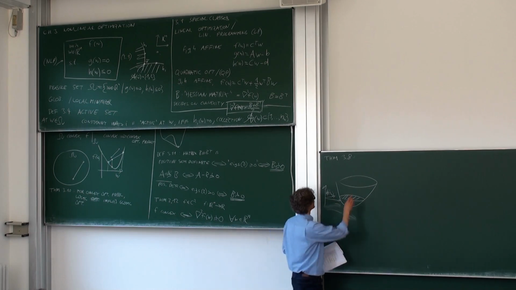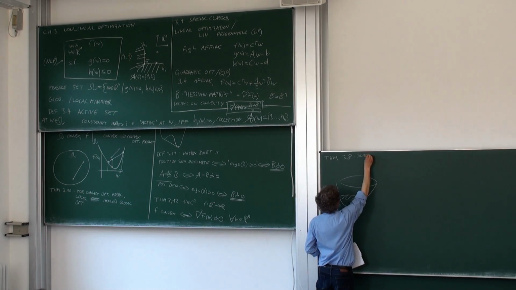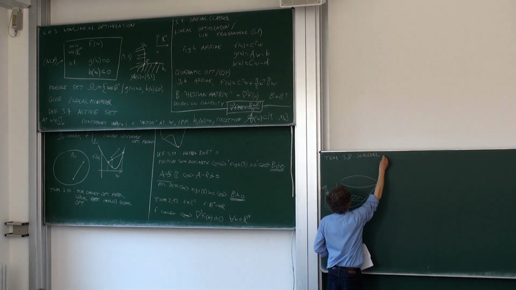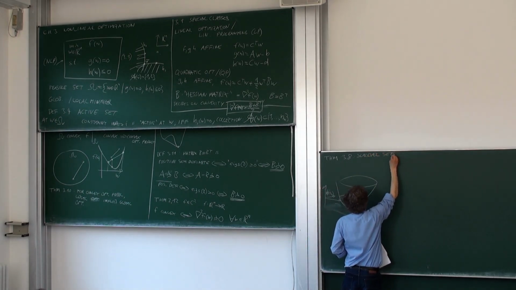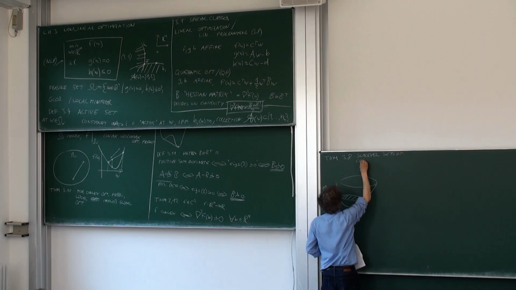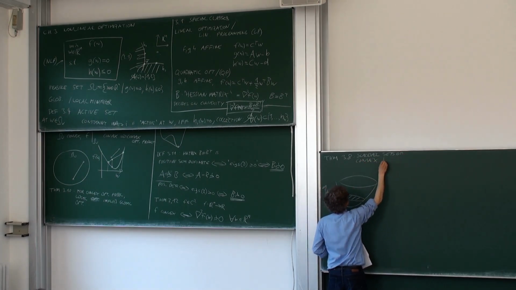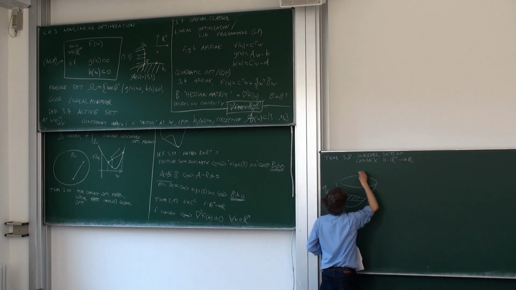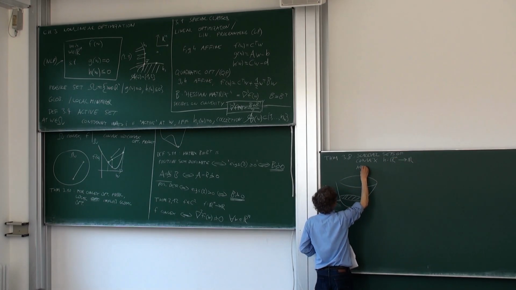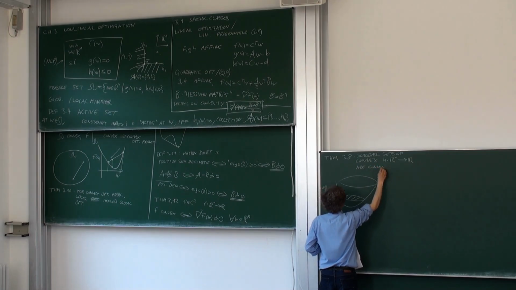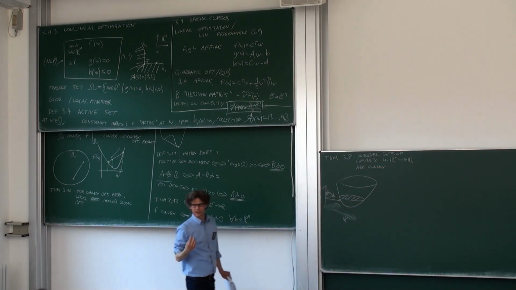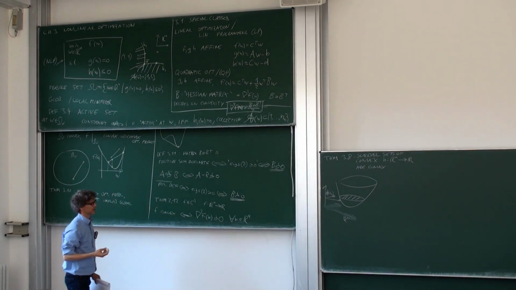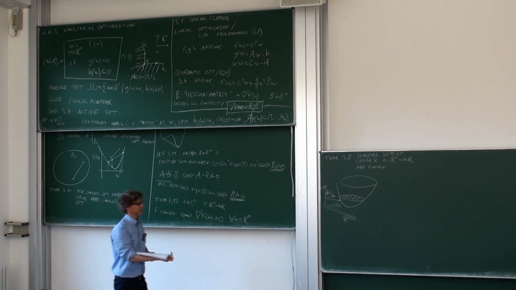And so a sublevel set of a convex function h from Rn to R is convex. And that's very useful in order to see directly that something is a convex set.